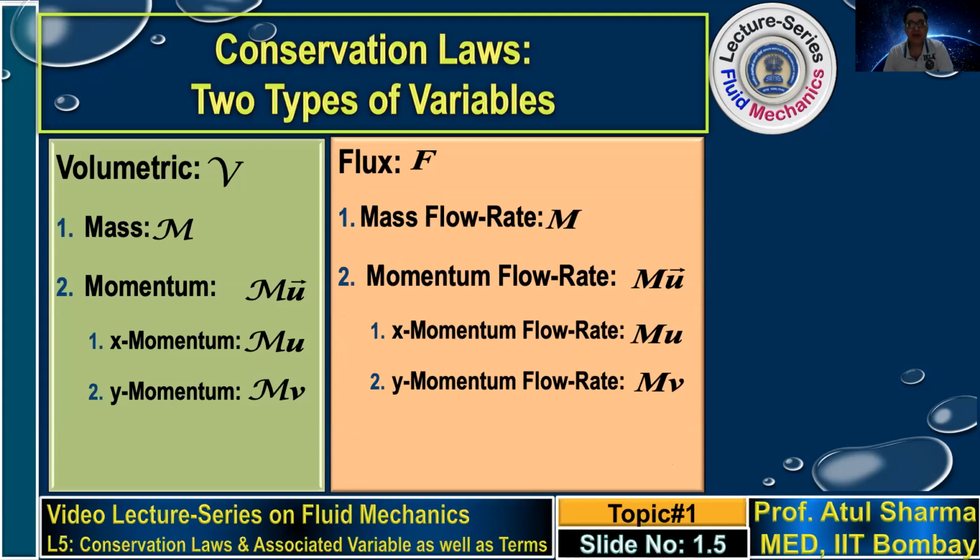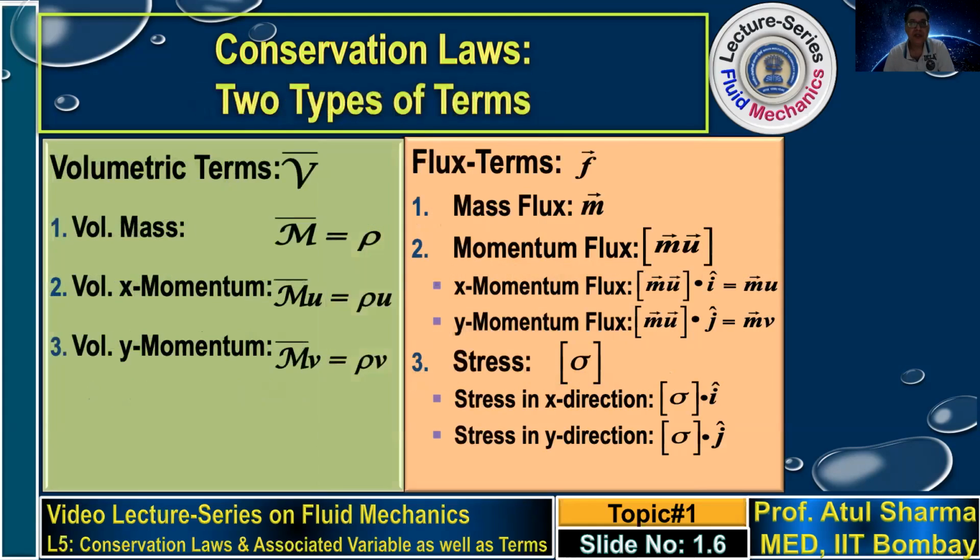And the flux variables are mass flow rate, x momentum flow rate, and y momentum flow rate. Here I am calling these variables. Now for volumetric, I'll show you a term dividing by volume. And if the flux is divided by the surface area, I'll show you in the next slide as a flux term. So in this slide, I'm showing the two types of terms.